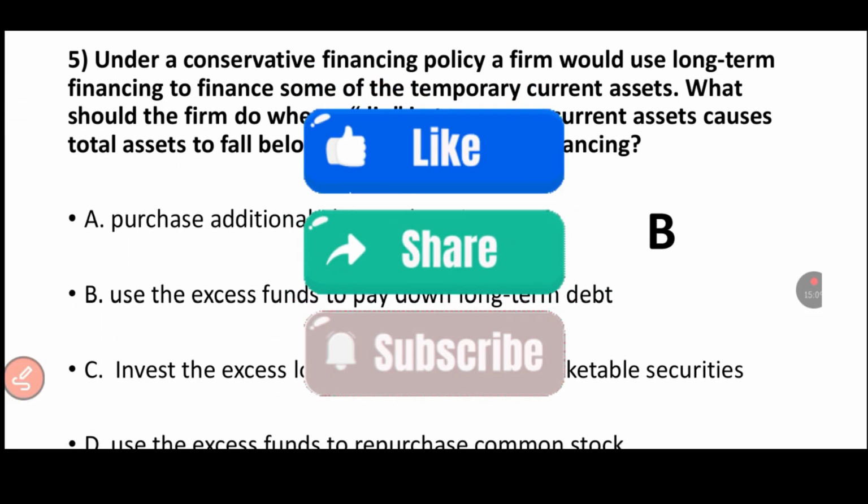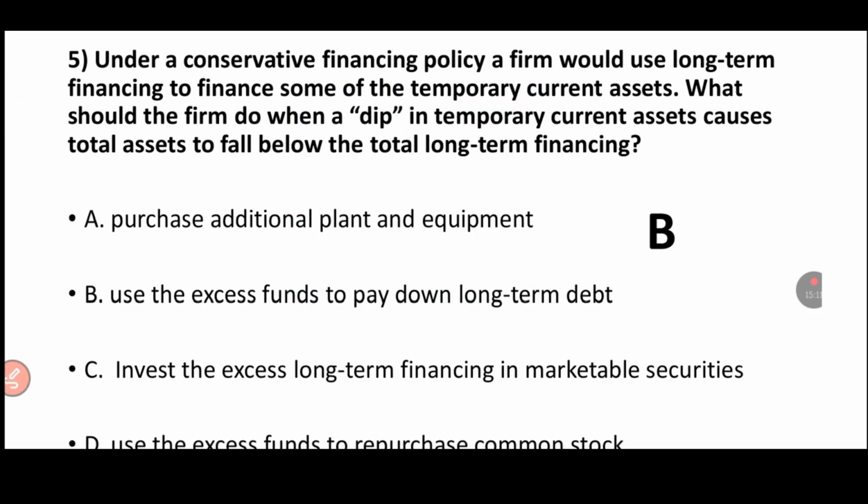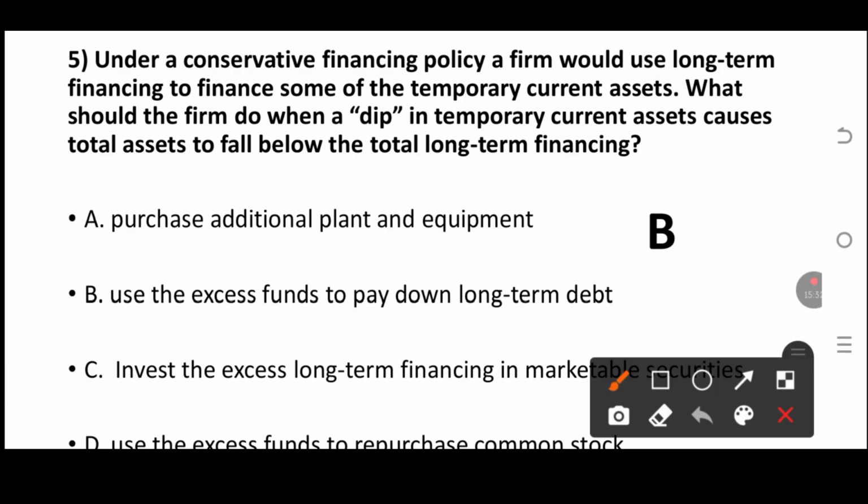Okay, let's continue to the fifth question. The fifth question is about the debit memo. Under a conservative financing policy, a firm would use long-term financing to finance some of the temporary current assets.